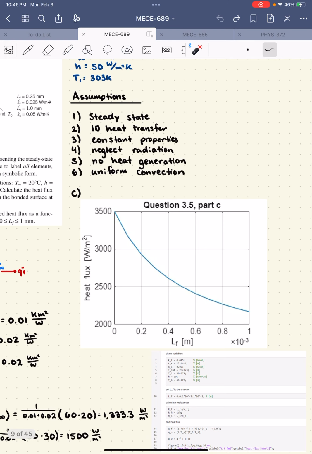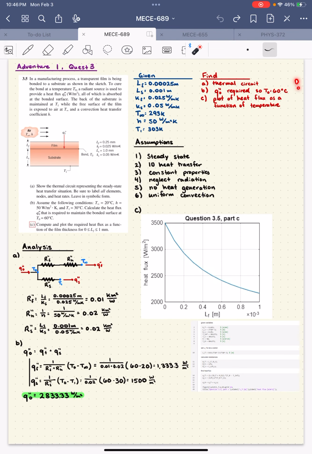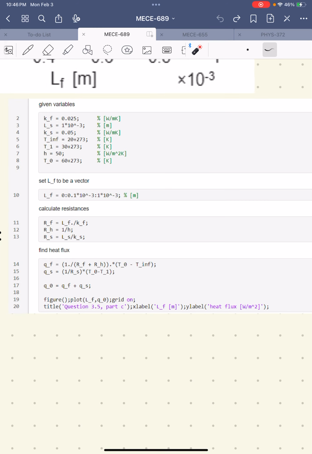Now, that is A and B, but we still need to plot the heat flux as a function of thickness. In order to do that, we're going to define all of the variables here in MATLAB, setting the thickness of the film to be between 0 and 10 to the negative 3 in increments of 0.1 times 10 to the negative 3, just so that we're all in meters.